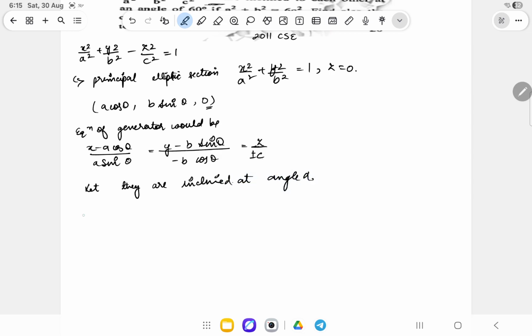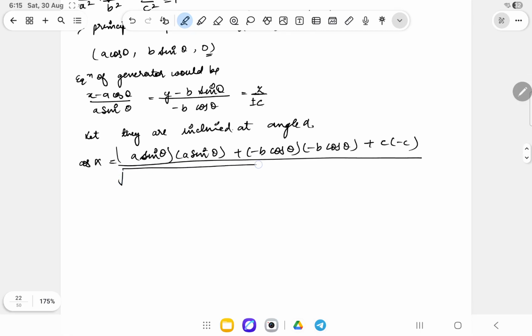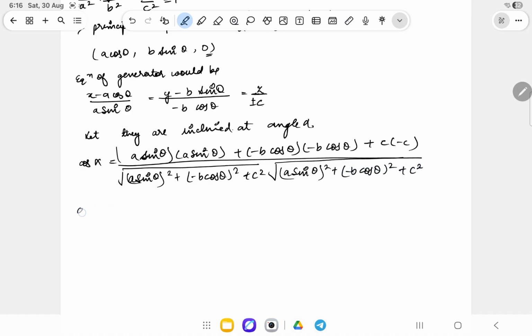So my cos alpha will be basically a sin theta into a sin theta plus minus b cos theta into minus b cos theta plus c into minus c, and divided by under root a sin theta whole square plus minus b cos theta whole square plus c square, under root a sin theta whole square plus minus b cos theta whole square plus c square, which basically gives cos alpha as a square sin square theta plus b square cos square theta plus minus c square divided by a square sin square theta plus b square cos square theta plus c square.